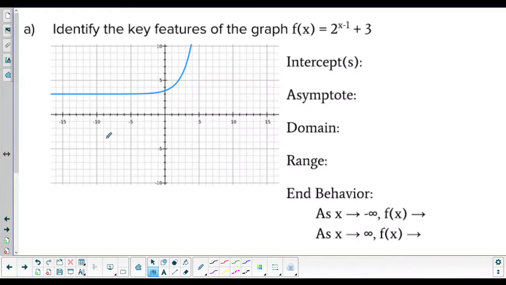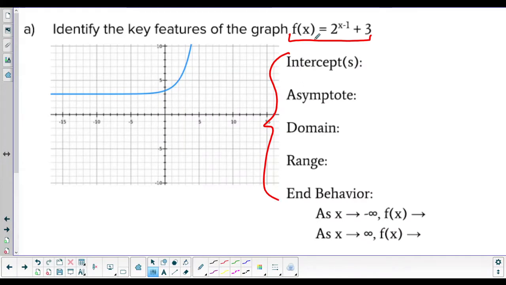So here's a graph. This is exponential growth because we can see as it goes to the right, the value increases. And here is the function of this exponential growth equation. Let me point out a couple of important values to you that will help us find this stuff.